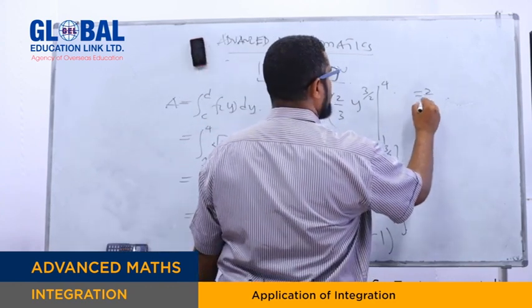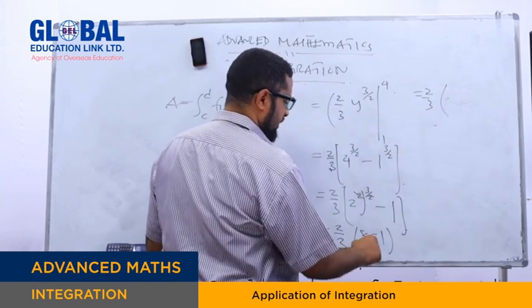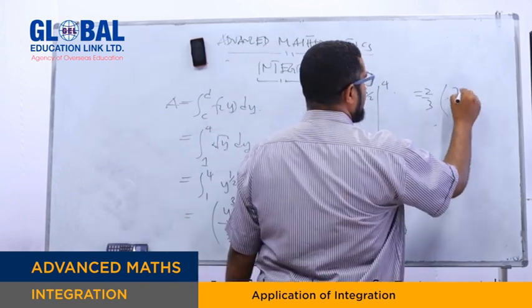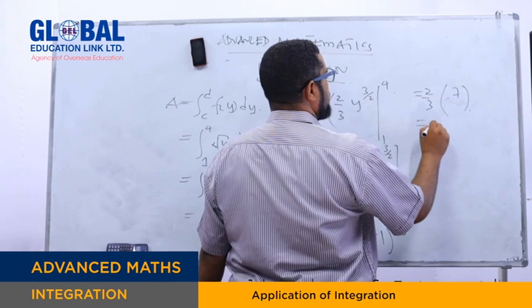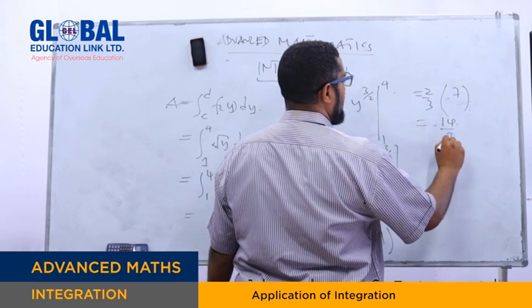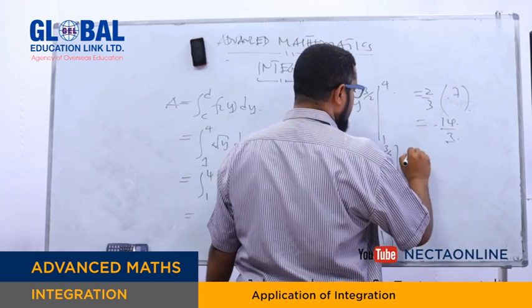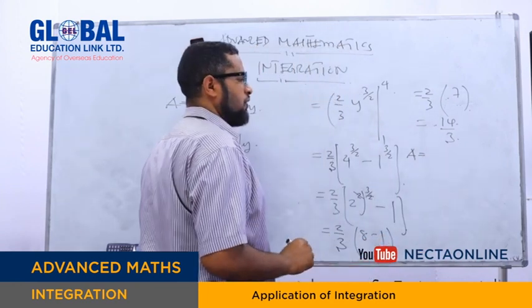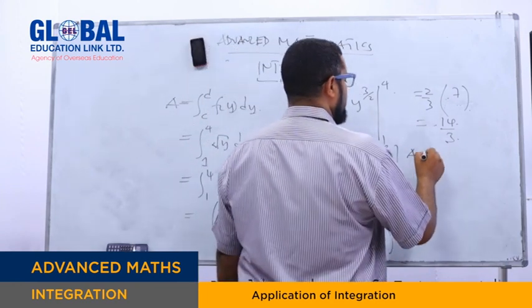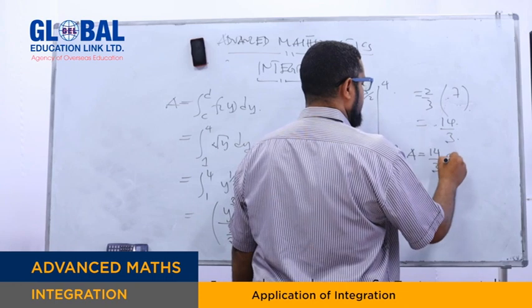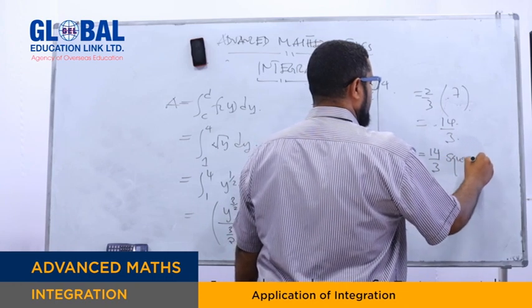Lastly, it will be equal to 2 over 3 times 7 over 1, since 8 minus 1 is just 7. That is the same as writing 14 over 3. So the area of such a curve will be equal to 14 over 3 square units.